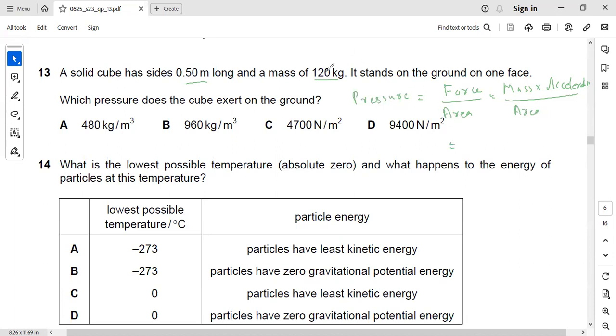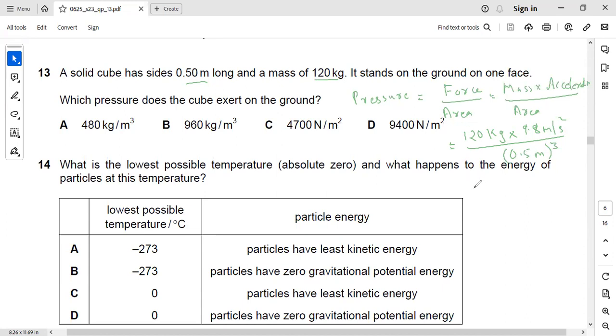So here mass is given as 120 kilogram, acceleration due to gravity that is 9.8 meter per second square divided by area. It is a cube, so it is 0.5 meter.